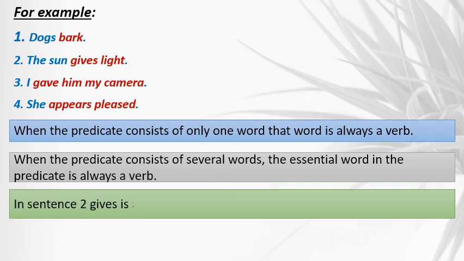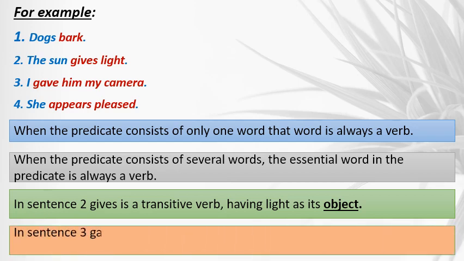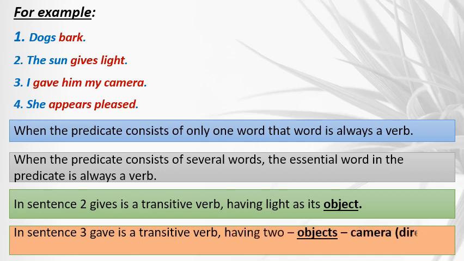In sentence number 2, gives is a transitive verb, having light as its object. In sentence number 3, gave is a transitive verb, having two objects, that is camera and him. Camera is here the direct object, him is here the indirect object.